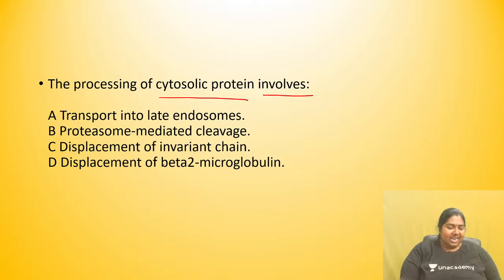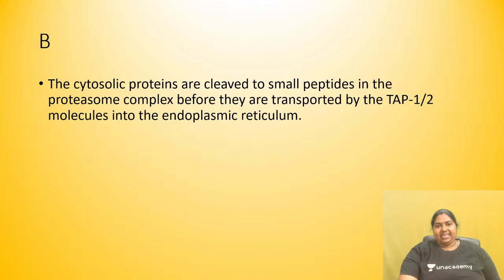So what will actually happen? I'll tell you, don't worry. It is going to be proteasome mediated cleavage. You have heard about TAP? I'll tell you how it takes place.